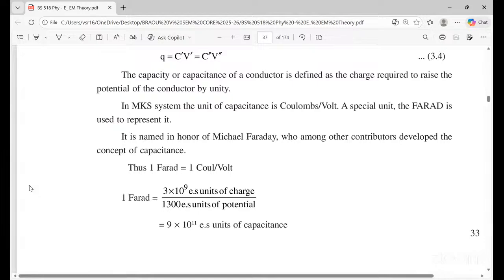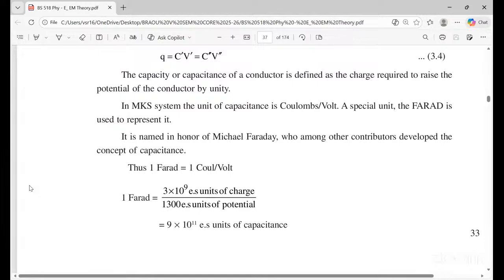Who is Michael Faraday? Vice versa: if there is a current carrying conductor, it produces a magnetic field. If the magnetic field changes, an electric field is also generated. This formula came from electromagnetic induction: line integral E dot dl equals minus d phi B by dt.